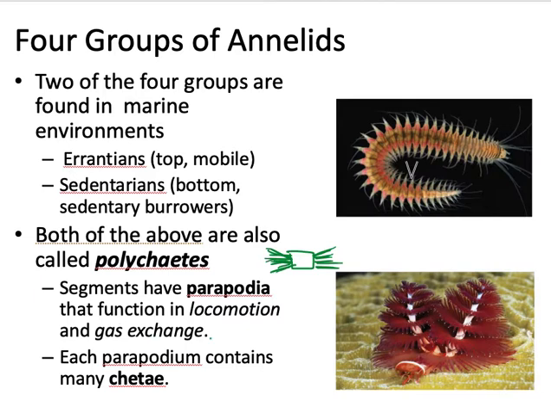The segments, because these are all marine or aquatic, have parapodia that the chaetae are attached to. I should have drawn that. Parapodia means false feet, and there are gills, which are used for respiration or gas exchange. So they do have gills which function as a respiratory system, and the parapodia function in movement or locomotion.